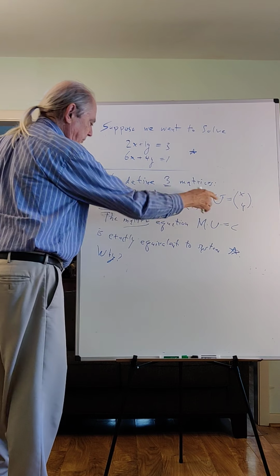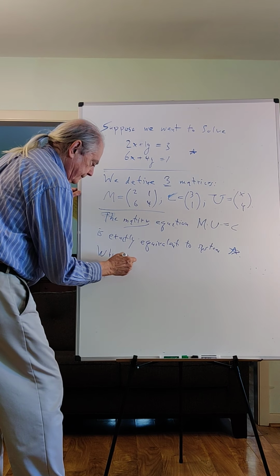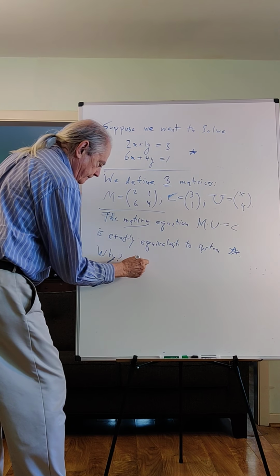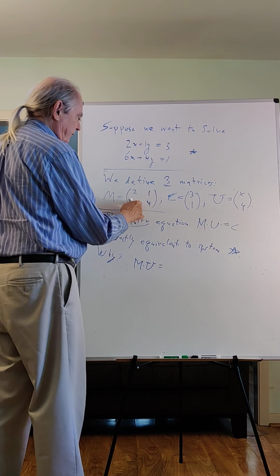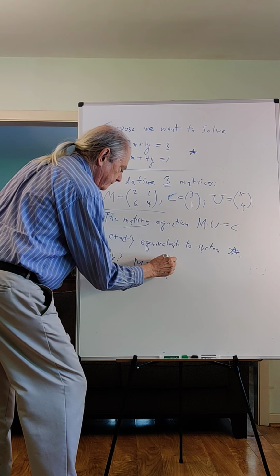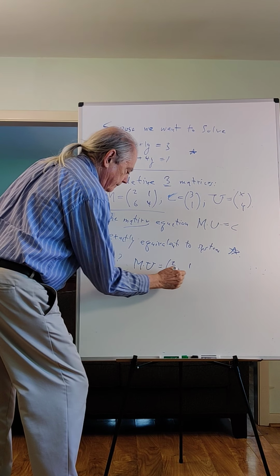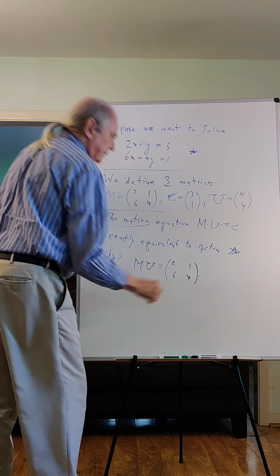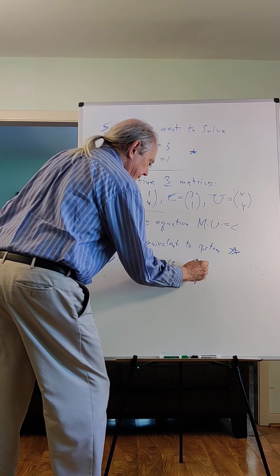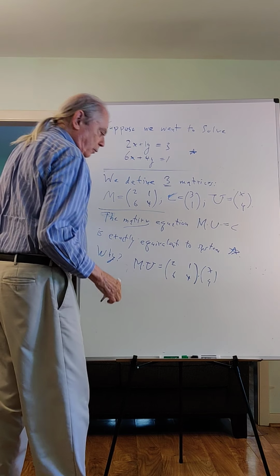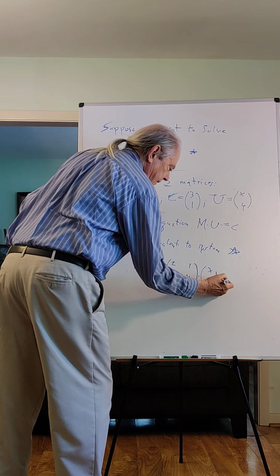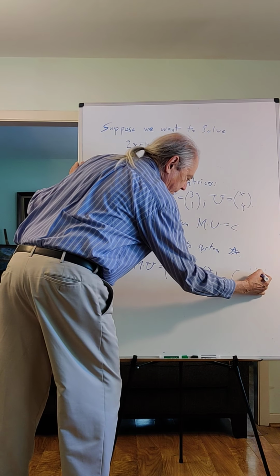We'll look at m times u. So 2, 1, 6, 4 times x, y. So 2 by 2, 2 by 1. So the answer is going to be 2 by 1.